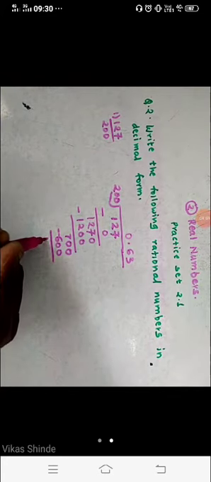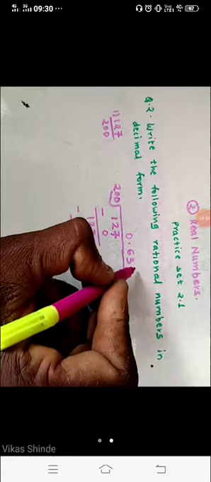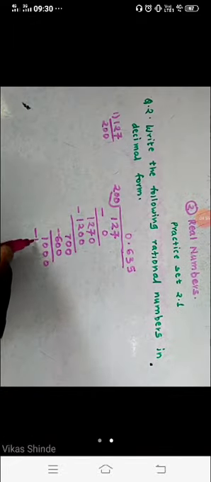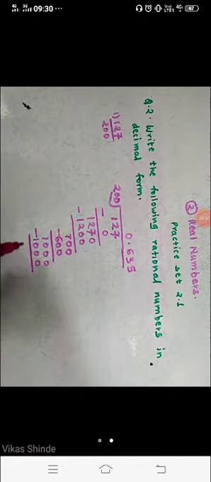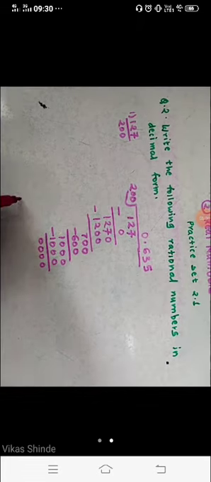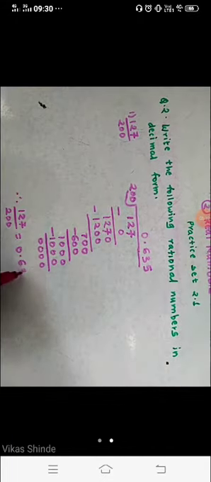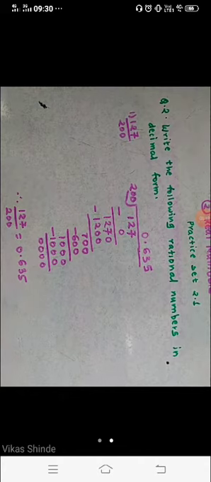So right now 100 is left. Take one more 0. 200 fives are 1000. Subtract this one. Finally we get remainder 0. Therefore 127 upon 200 is equal to 0.635, the answer of this question.